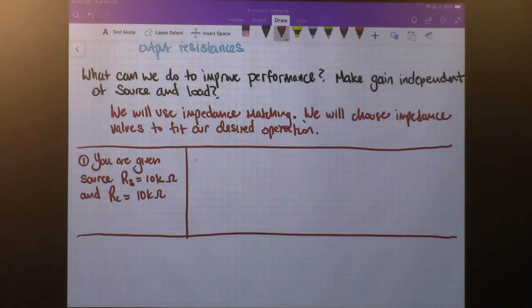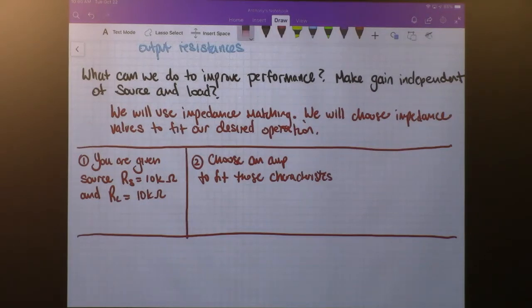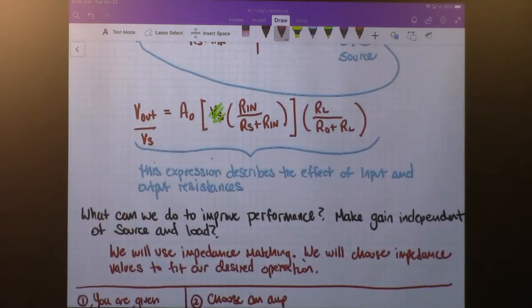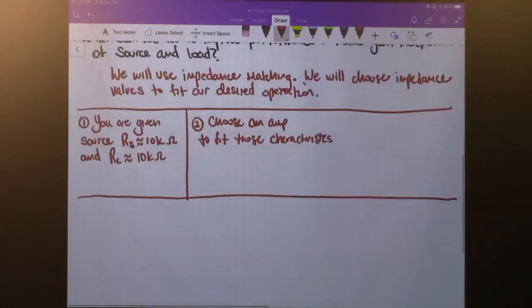Step number 2. You can choose an amplifier to fit those characteristics. And I'm going to replace these equals with approximately equal to, meaning it's going to be somewhere in that range. So now, how do we choose an amp to fit those characteristics?